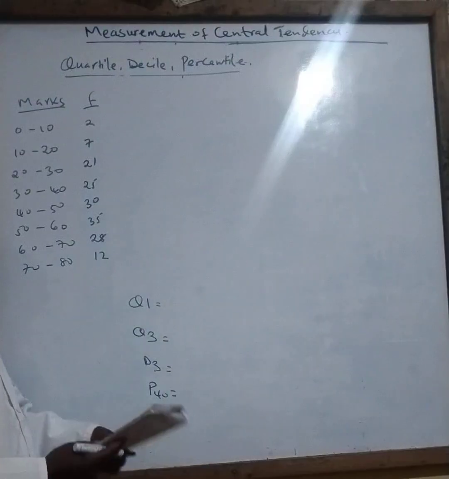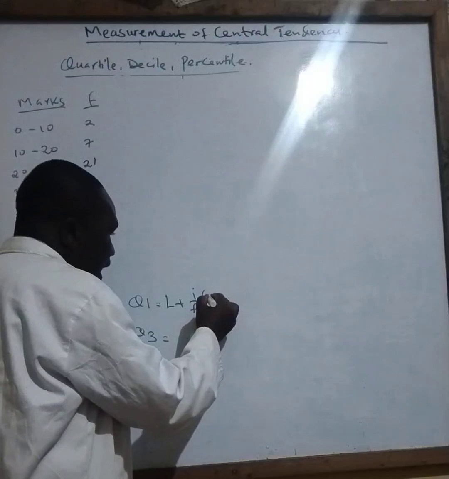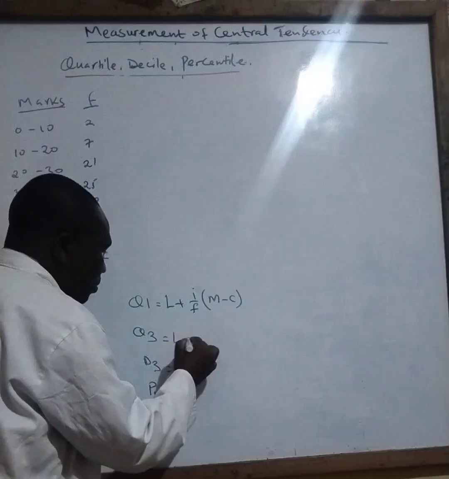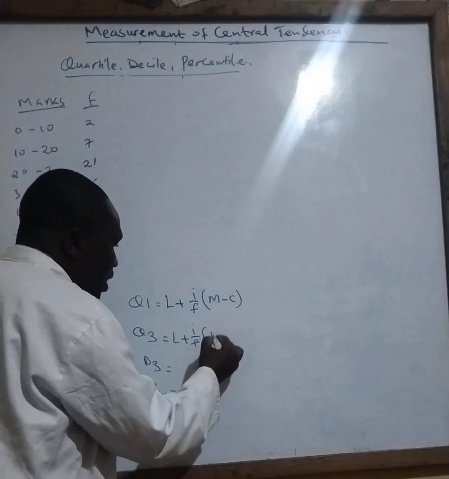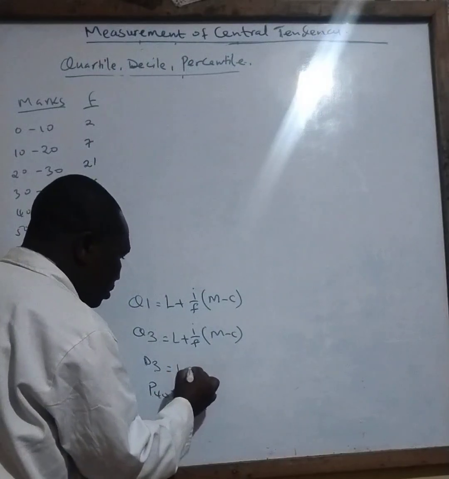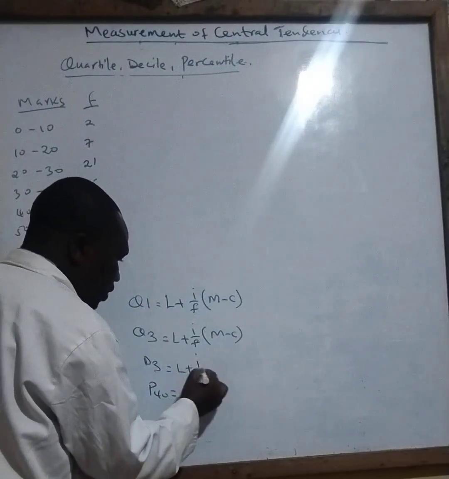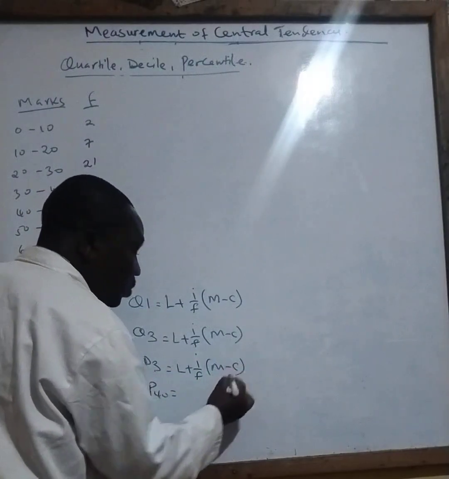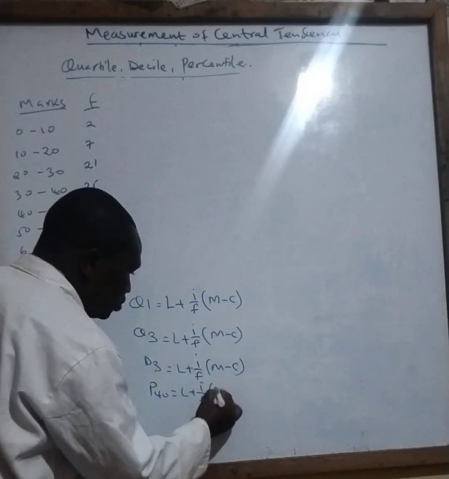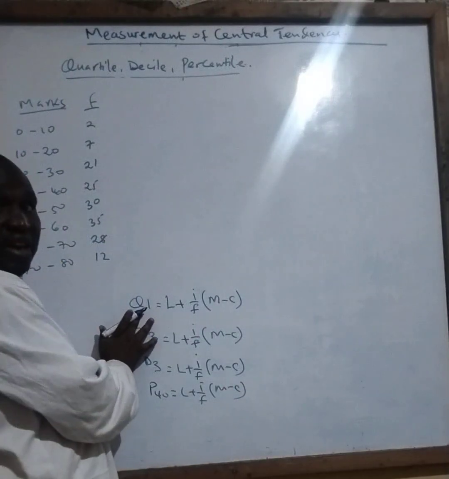No. In this case, it will be L plus I over F into M minus C. This one is still L plus I over F into M minus C, as I've said, a continuation of median. Now in this case, if it is quartile, you say n divided by 4.